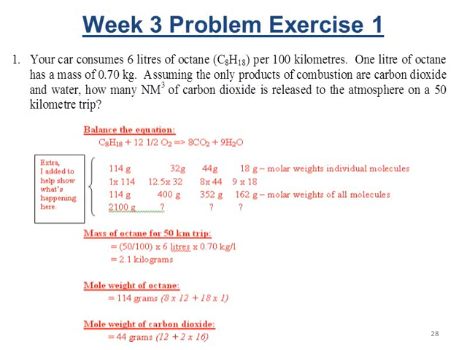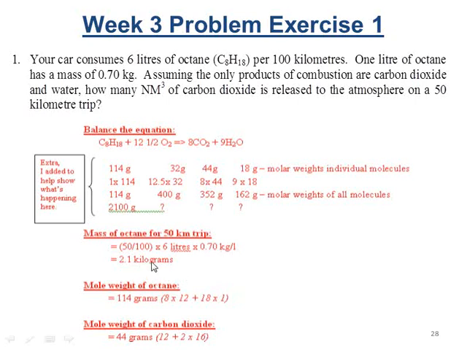So we start off with 2,100 grams. And how does that 2,100 grams come about? Well, it comes from the mass of octane for a 50-kilometer trip, right? 50 divided by 100, because we know that it's 6 liters for a 100-kilometer trip, multiplied by 6 liters times 0.7 kilograms per liter.